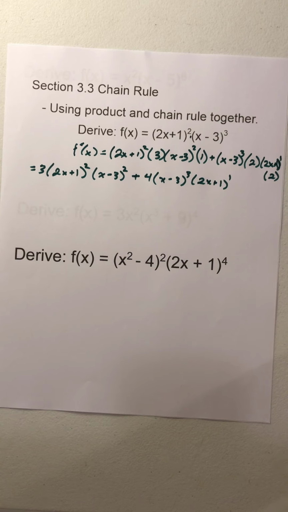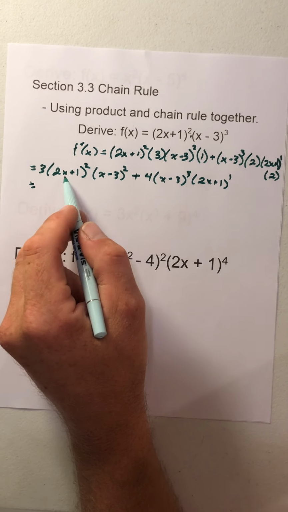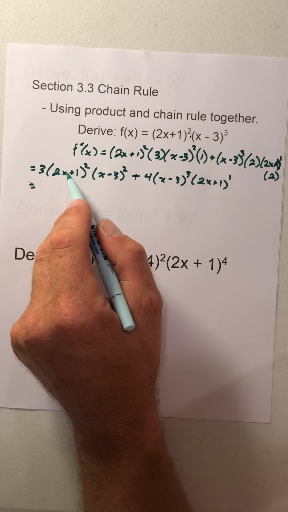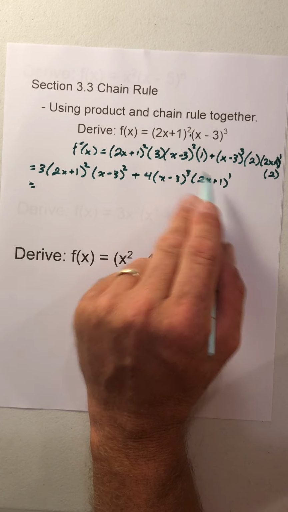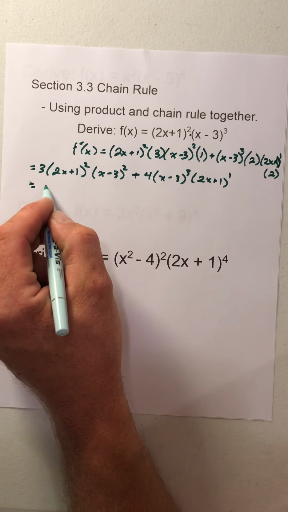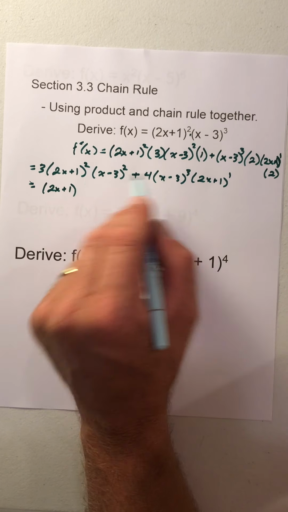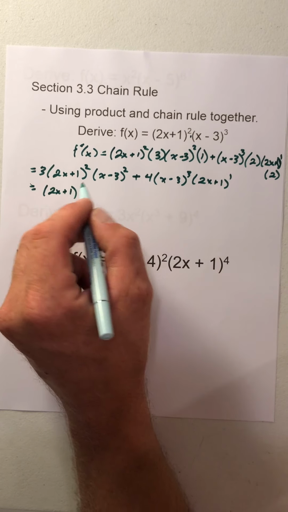I threw a couple of these in for you as well. So what I'm going to ask you to do with this is find common factors to be able to clean this up slightly. So we have 2x plus 1 squared, and we have a 2x plus 1 to the first. This term is in common with both of the terms that we started with. We take out the smallest exponent, 2x plus 1 to the first.